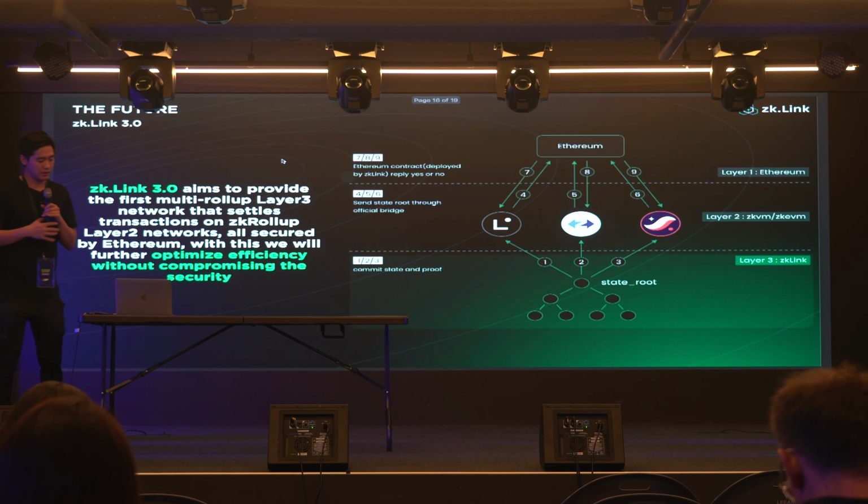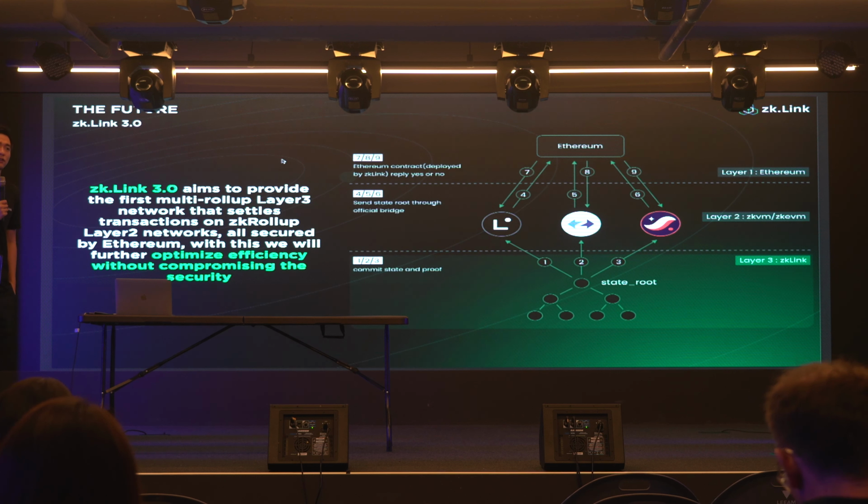Going forward, in the very near future, zkLink will shift its focus from the current layer 2.5 hybrid model to layer 3. Why are we doing this? Because of the quick development recently on the layer 2s, we are very confident, and our thesis is that in the near future we will see a lot of applications being built and users migrating from the existing outer layer 1s to layer 2s.